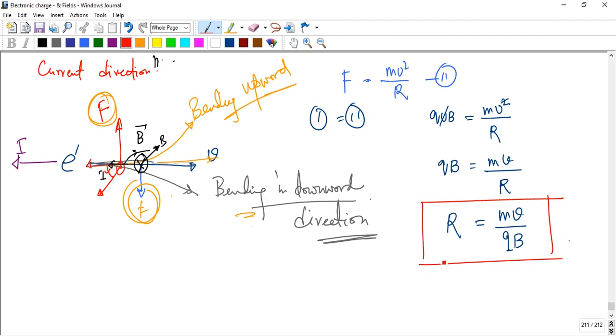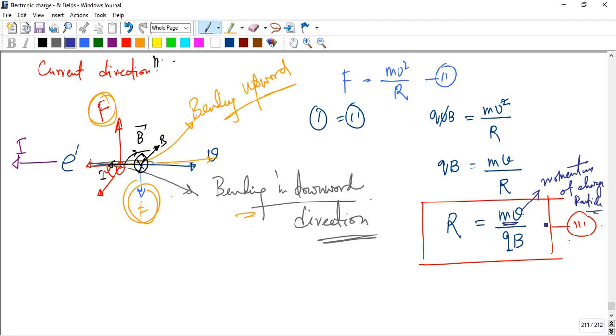Okay, that's the radius. Let's call it equation number 3. Clear? And here you see that m times v, mass times velocity, gives the momentum of the charged particle. That's very important.